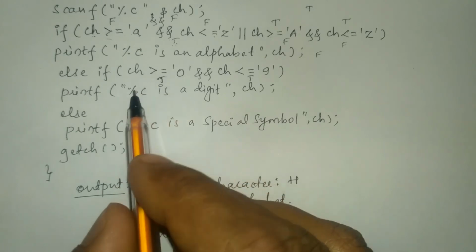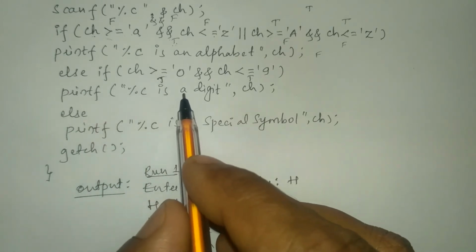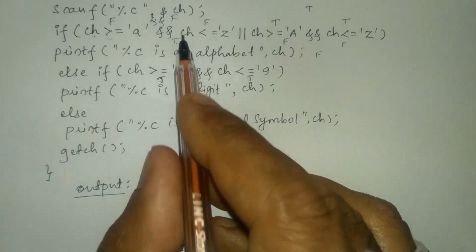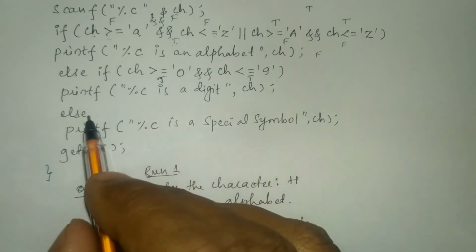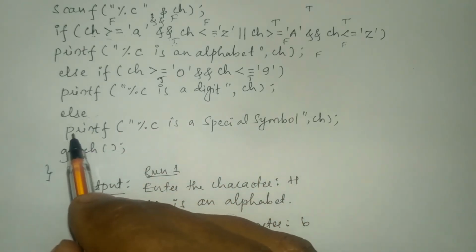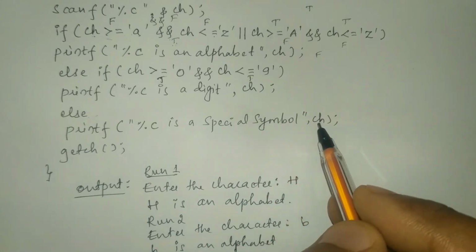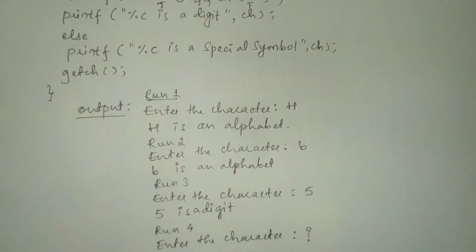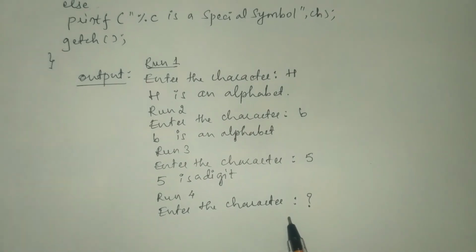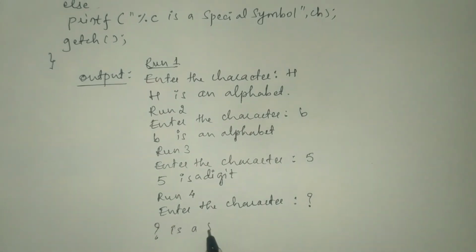If this condition is false, then this printf statement will not get executed. So both of these two conditions are false, means the else part will get executed. Printf %c is a special symbol. Ch, what is the value stored in ch right now? We have written question mark, right? So question mark is a special symbol will be printed.